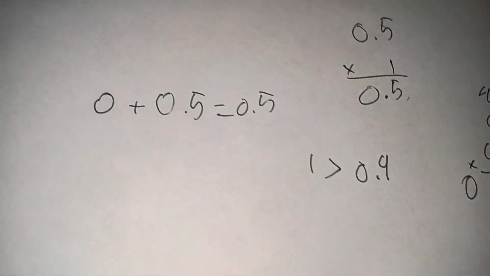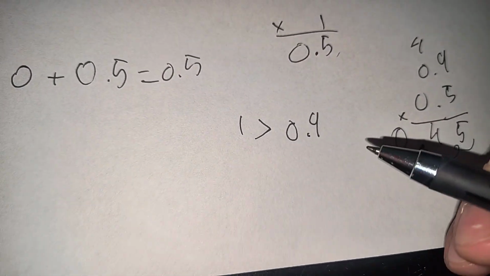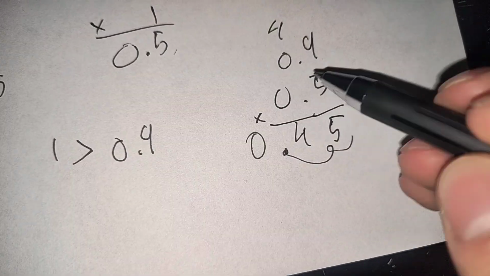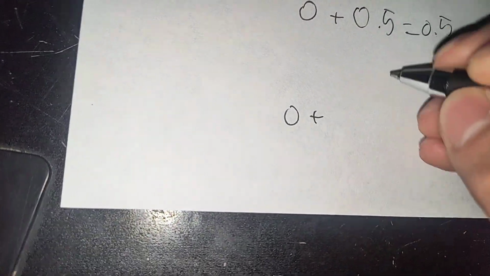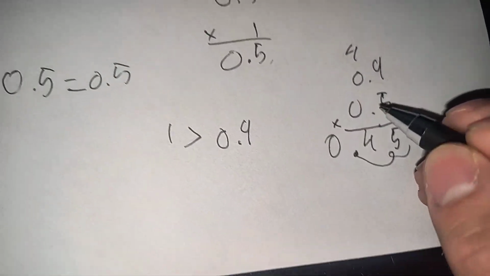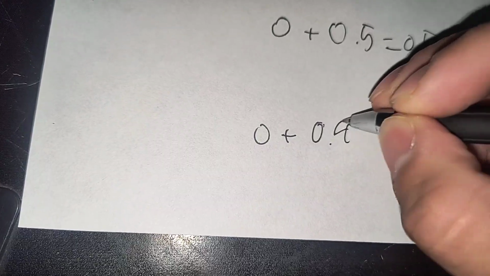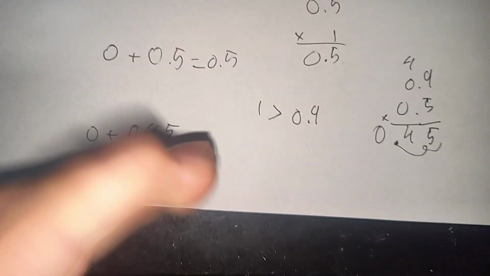And the reason is because we're adding only 0.9 of 0.5 to 0. We're adding 0.9 out of 0.5 to 0, which is 0.45.